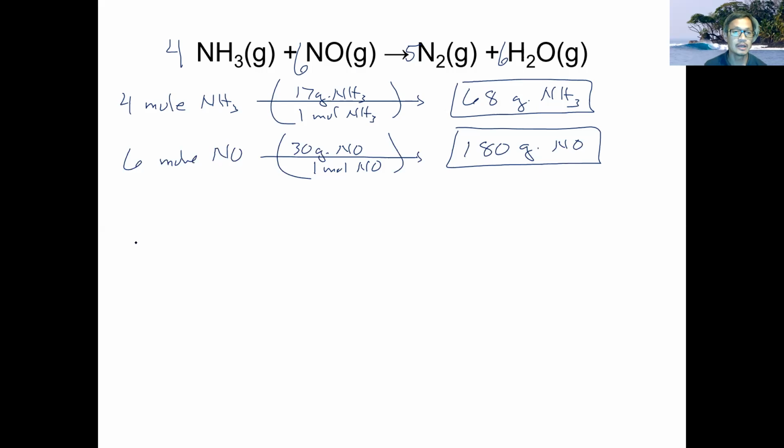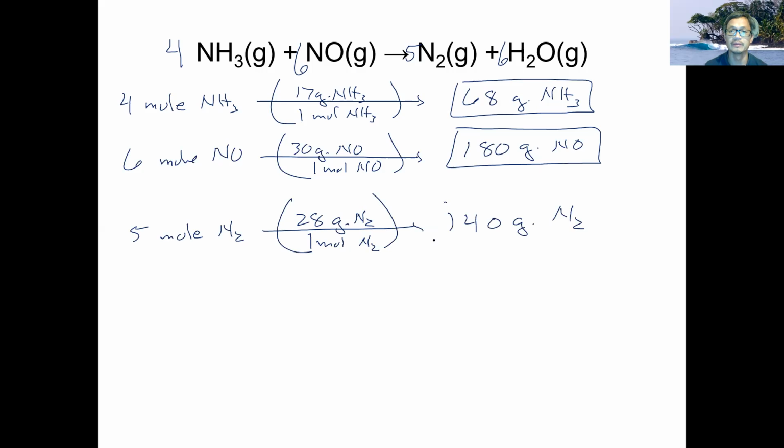If we do that, we should form then, based on the balanced equation and what we have here, okay, this amount of nitrogen. So let's go ahead and plug that in. We have then 28 grams per mole. Okay, and we should end up with then 140 grams of nitrogen. Okay.